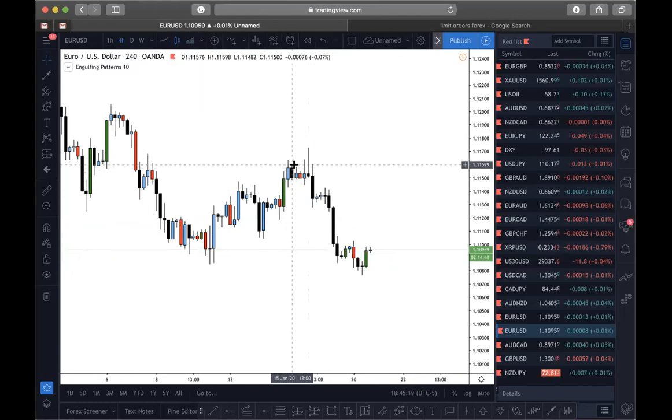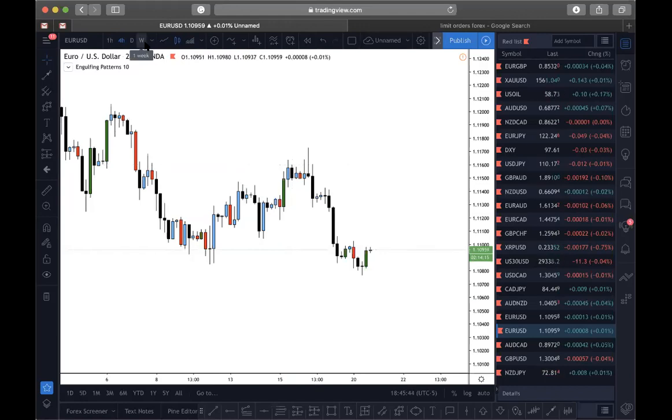Aside from the charts, we analyze the markets by looking at what's happening on the different time frames. In the forex market, we go through different time frames to make a decision.